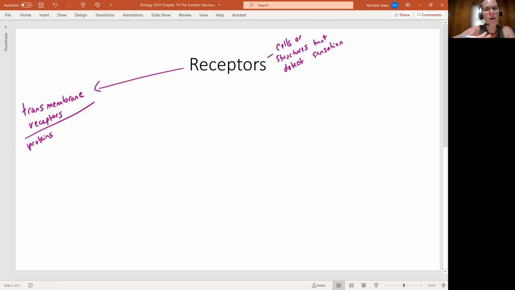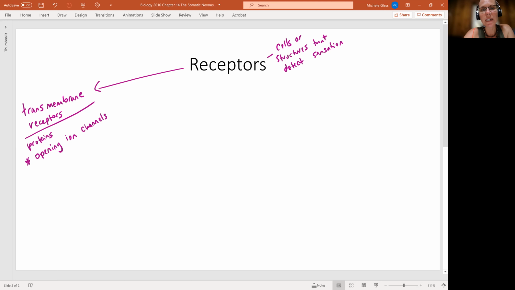This is all taking us back to what we talked about in our chapter 3. When we talk about these transmembrane receptors, very often what we're going to see is that they're actually ion channels, and very often the stimulation means to open ion channels.